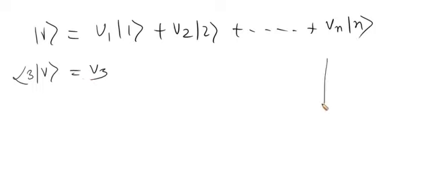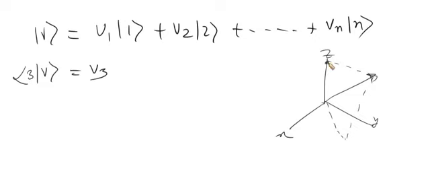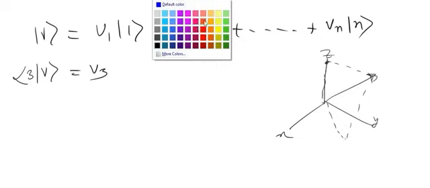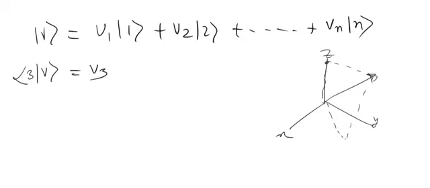If you compare this with the vector analysis you learned in Euclidean 3D space, you can make a projection along the z-axis. Let me use another color, green. This projection marked with green would give you the z component.